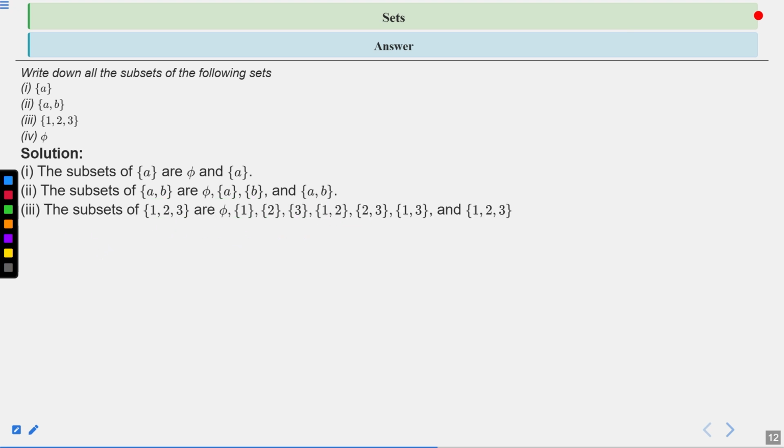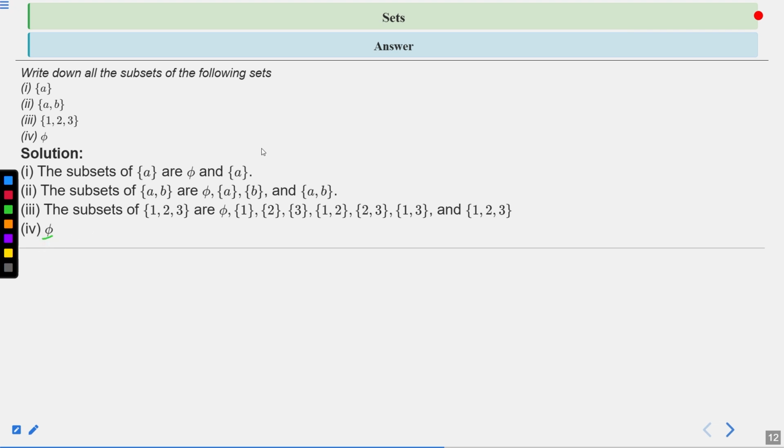For the third, phi, 1, 2, 3 singletons. Now pairing with two elements, so 1, 2, 2, 3, 1, 3, and the set itself. So total 8 subsets. Now for the empty set, we are only going to have one subset, which is the set phi itself.